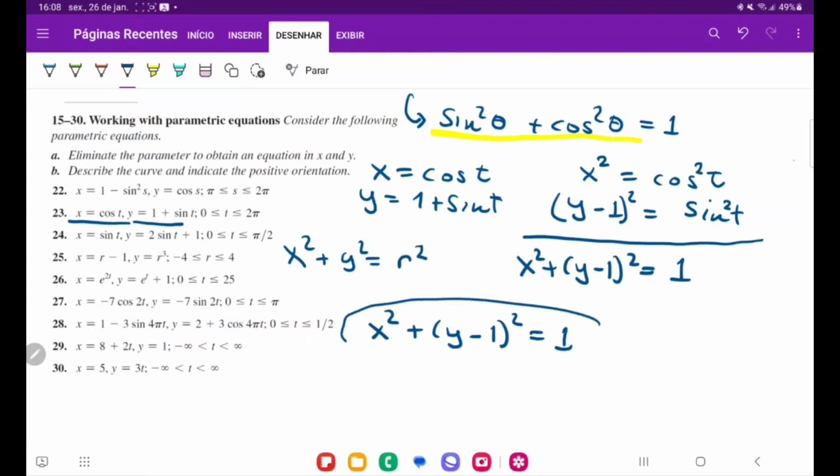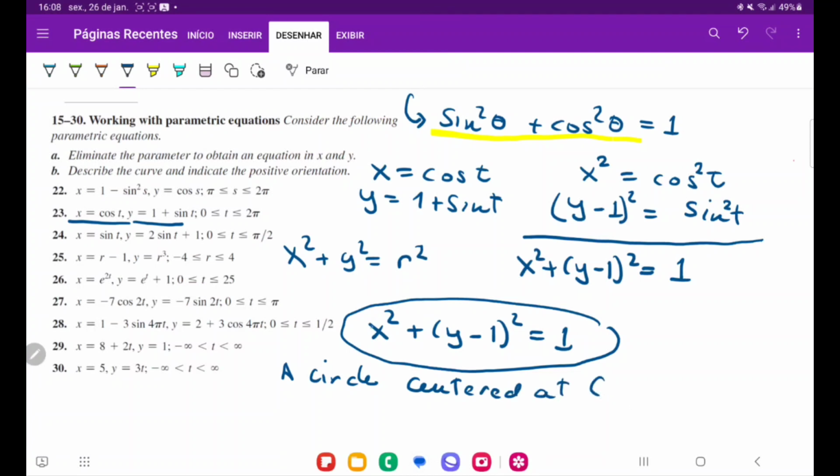So this equation over here describes a circle centered at, so the x coordinate just stays at the origin because that has not moved, but the y coordinate has. So it's centered at 0, 1 with a radius of 1.